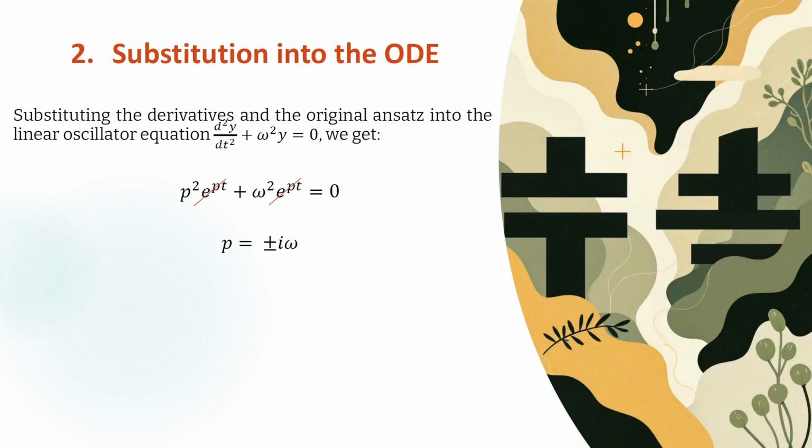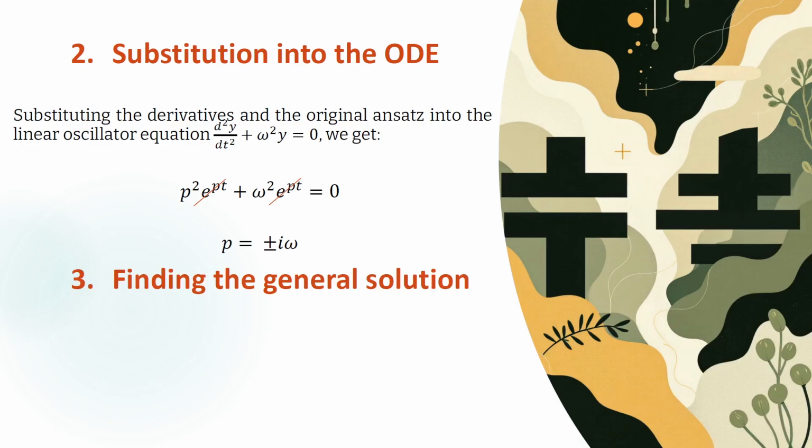Upon getting this, the next question to be answered is: among the four cases that we have shown in the previous video, which of those is applicable in this case, so that we can have the general solution for our linear oscillator model?